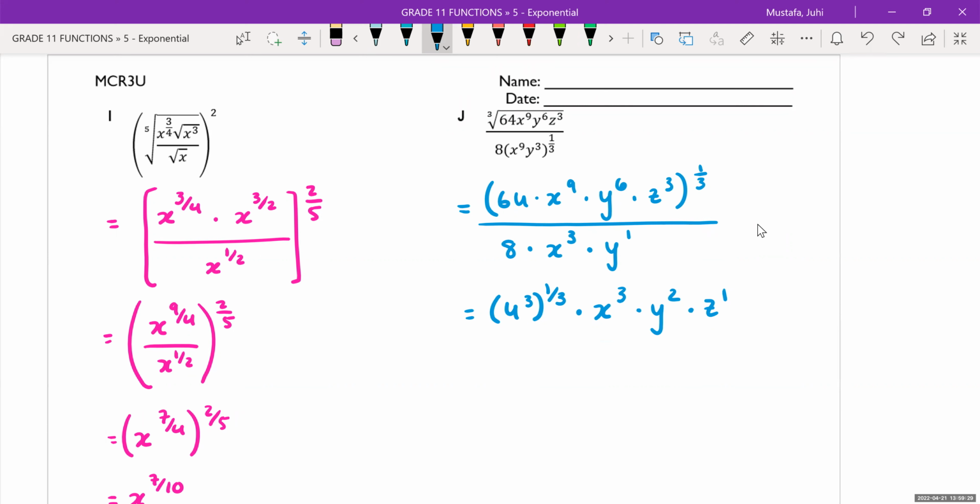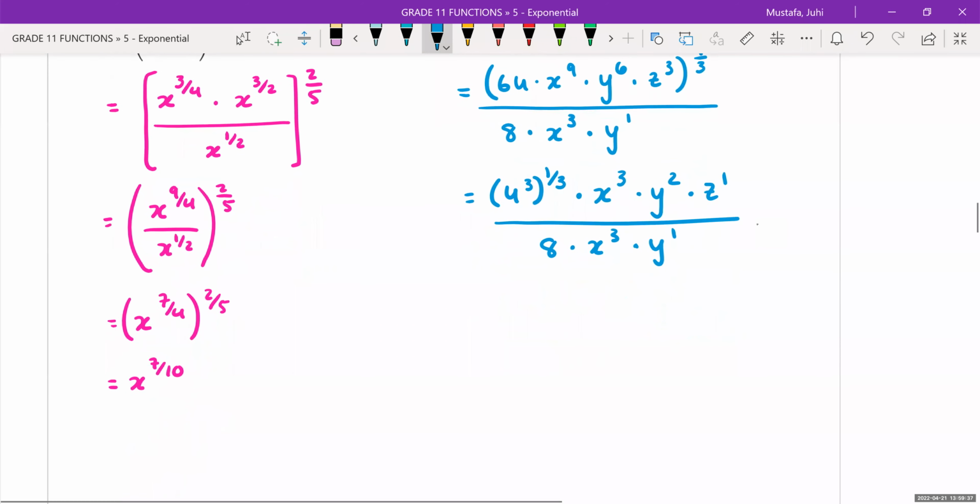And then really, you can't do anything in the denominator right now, so it's just going to be 8 times x to the power of 3 times y to the power of 1. Okay, 4 to the power of 3 all to the power of a third is just going to become a whole number of 4. And this is an 8. We can use a whole bunch of power laws, you guys. We have x to the power of 3 and x to the power of 3.